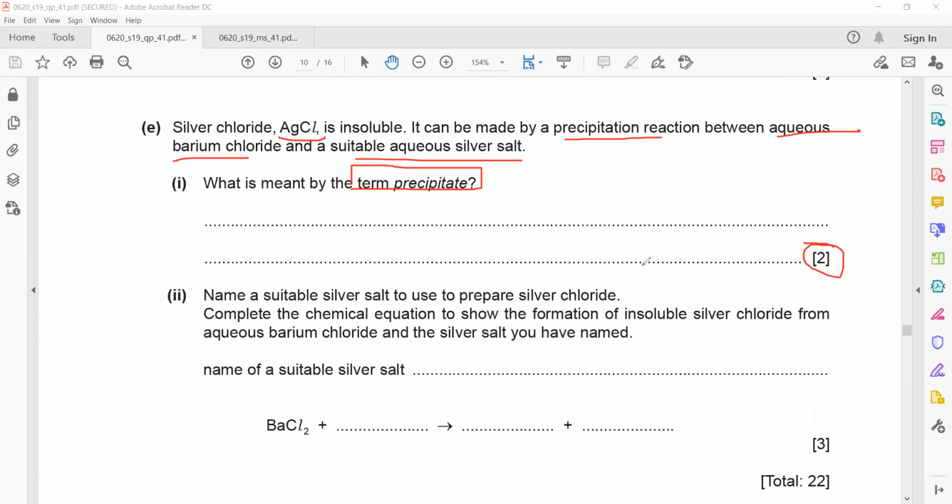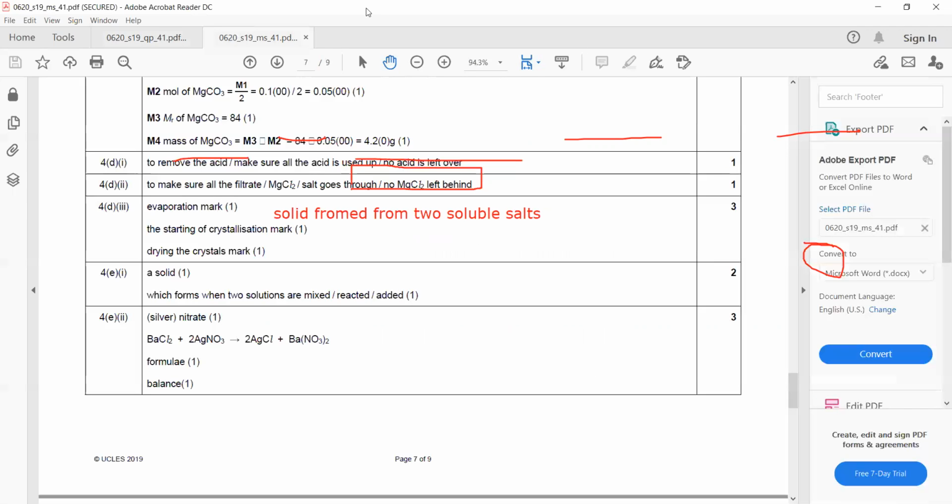The solid formed from 2 solutions, that's right. So when a solid is formed from 2 soluble salt solutions, that's known as a precipitate. As you can see here, the definition, 1 mark: a solid which is formed when 2 solutions are reacted or mixed.